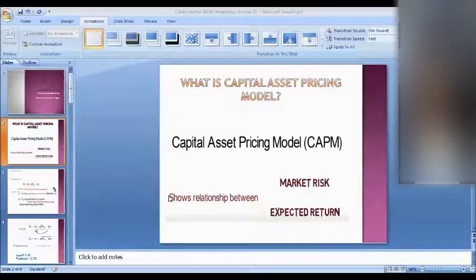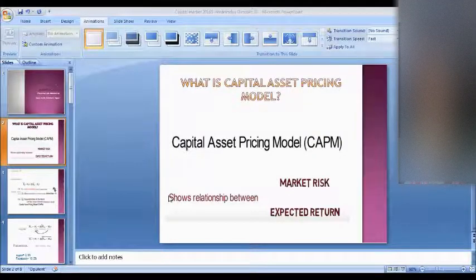Basically, class, the so-called CAPM shows the relationship between the market risk and the expected return. Meaning to say, we are trying to compute how sensitive the investment is with regards to the factors in the market.